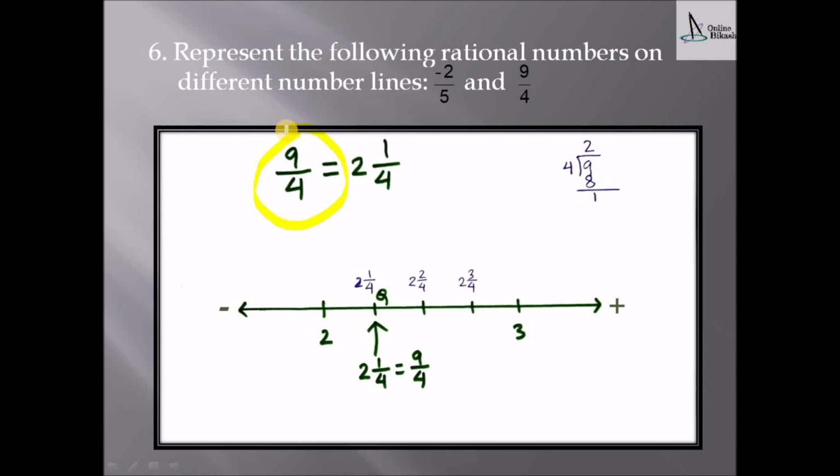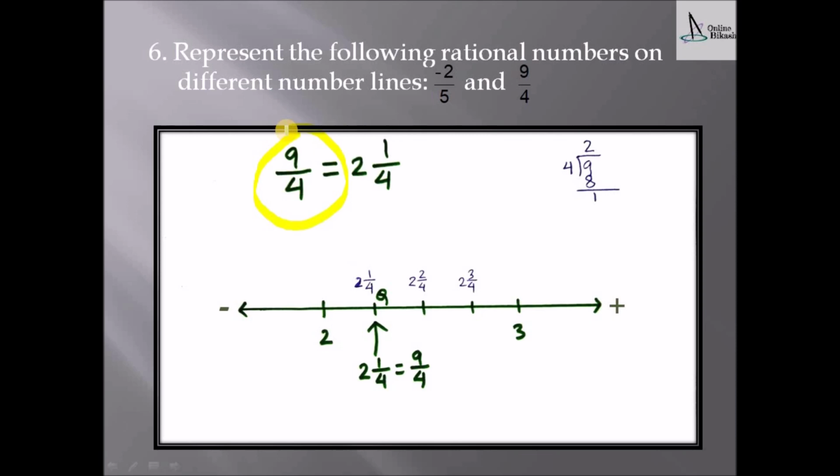Now you tell me, is 9 by 4 an improper fraction or a proper fraction? In 9 by 4, the numerator is bigger and the denominator is smaller. Whenever the numerator is bigger and the denominator is smaller, it is an improper fraction, and you can convert it into a mixed fraction.